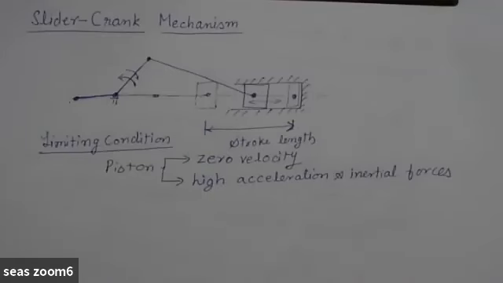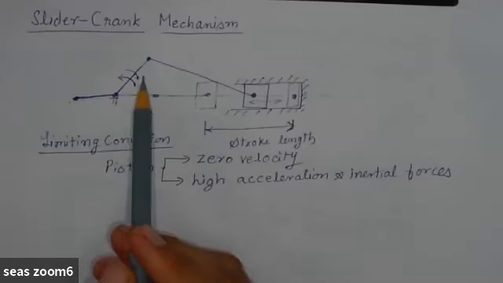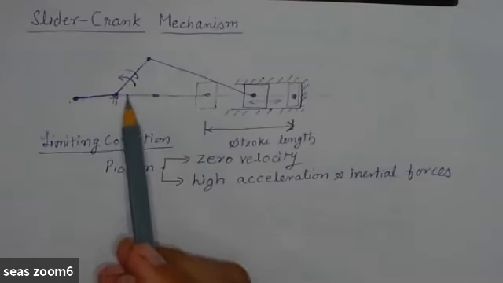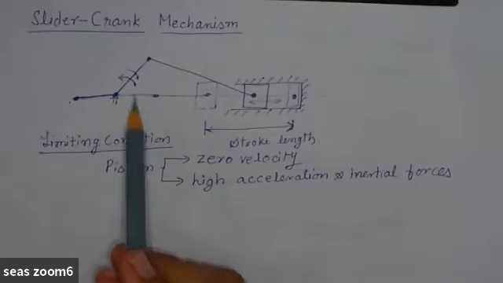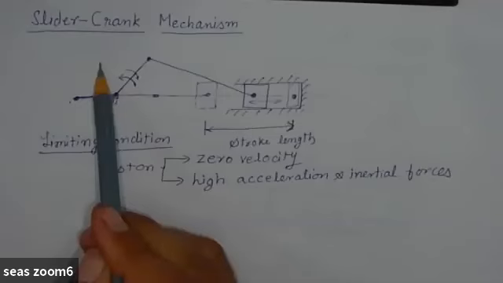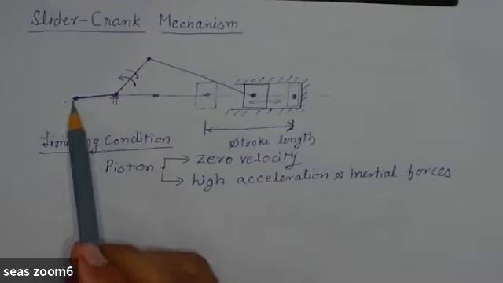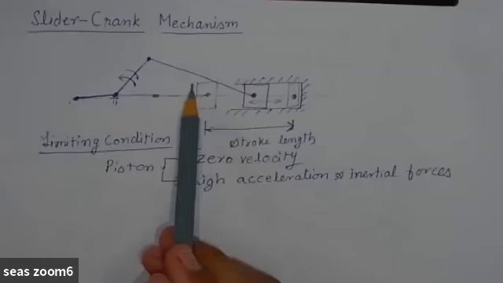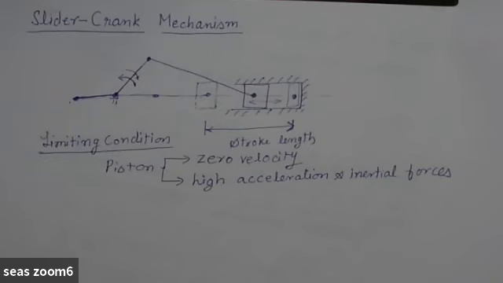If you ever try to experience by pushing with your own hand over this crank, and the crank is here or here, you need to give extra force. If your crank is somewhat here, it is easy to rotate, but when it is here or here, you need to apply some extra force, because very high inertial forces exist at the limiting condition, and this happens at the piston end.